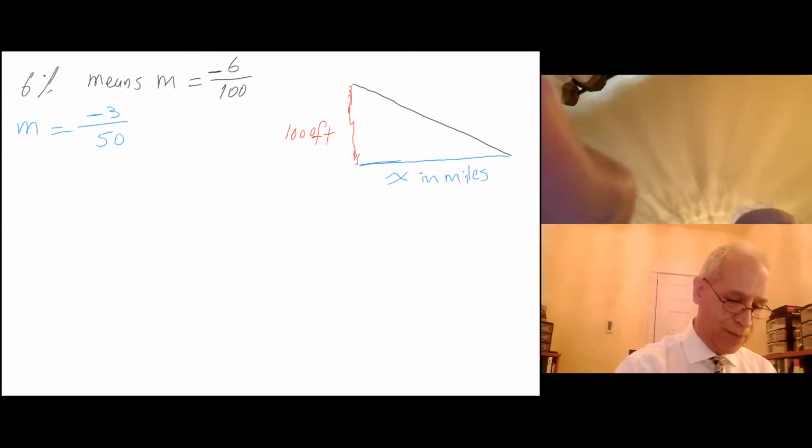What is it that we know? We know that 1 mile equals 5,280 feet.